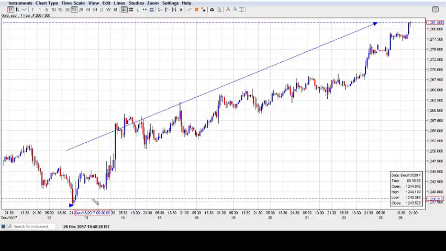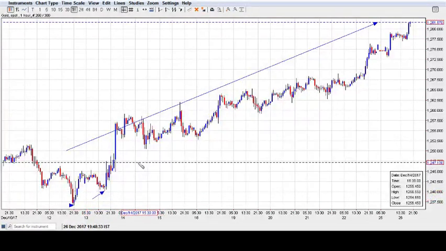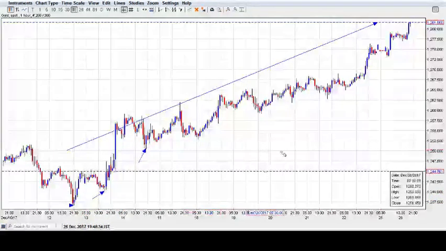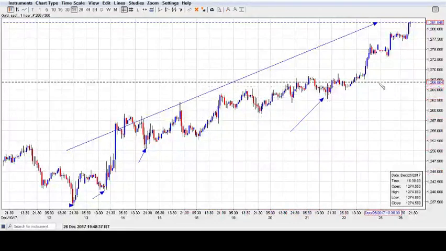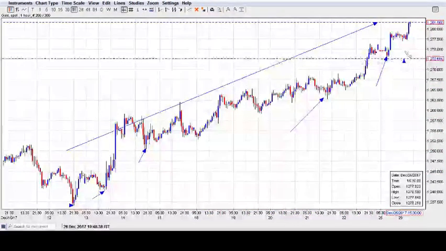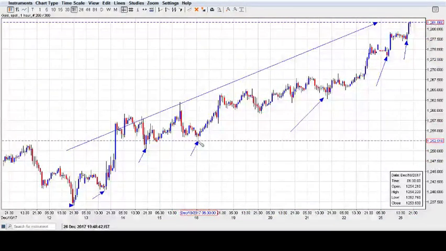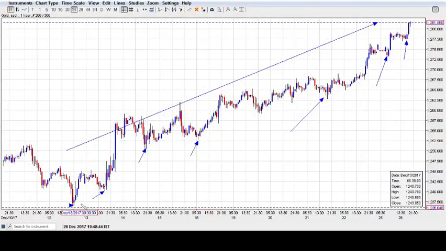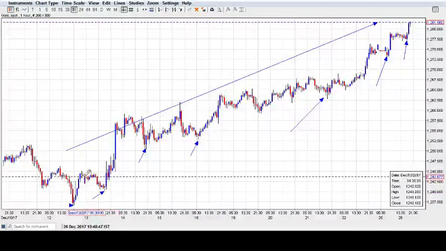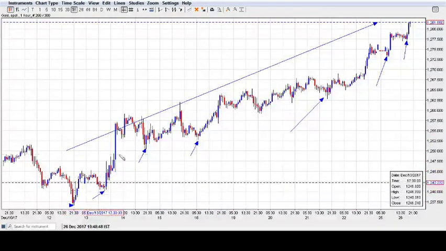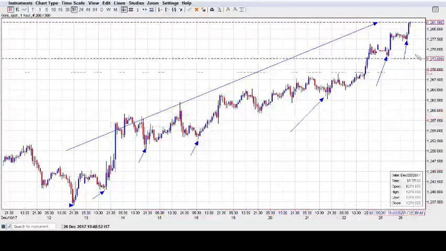Run your eyes across the lows. It doesn't require rocket science again to identify that these are the lows, right? From where the market picks up again. So these are the lows.